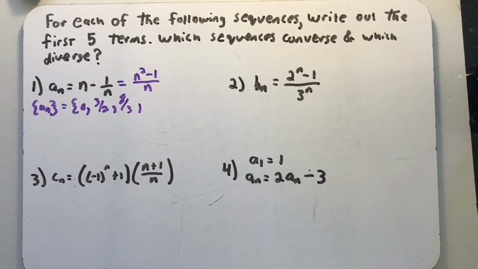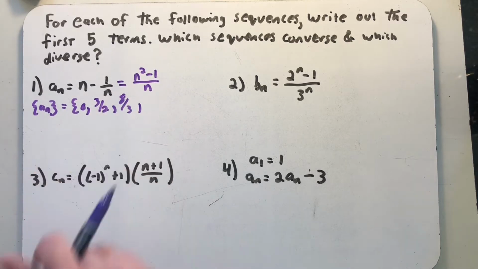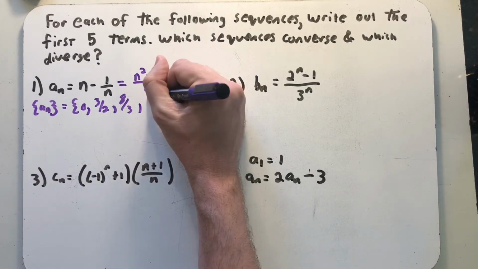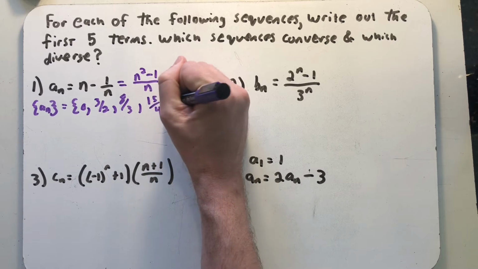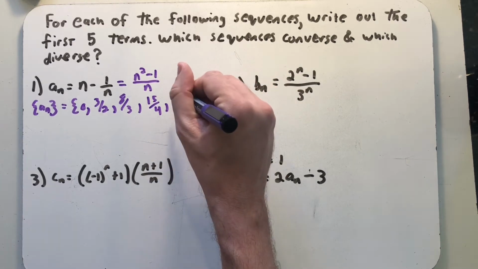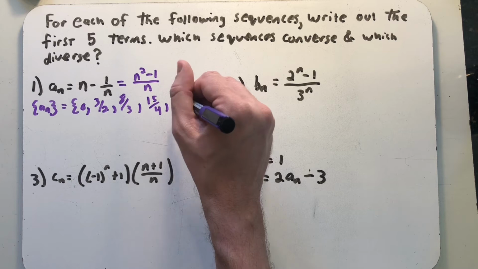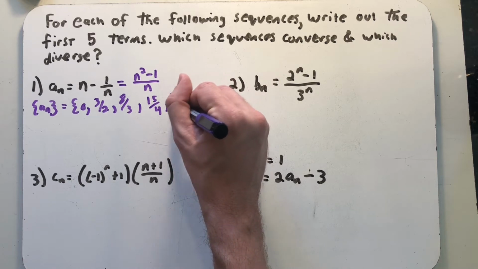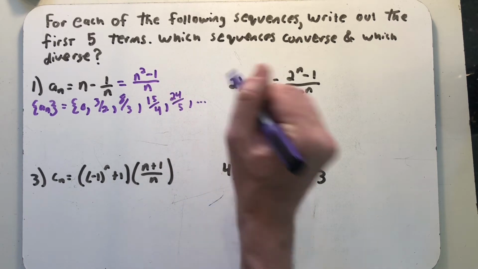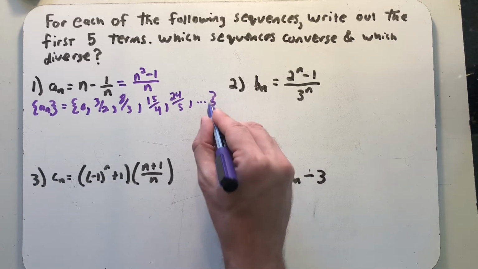It's the index of the sequence. So 0, 3/2, 8/3, and the fourth term is going to be 15 over 4. And then finally 24 over 5. And that sequence would continue in that fashion.